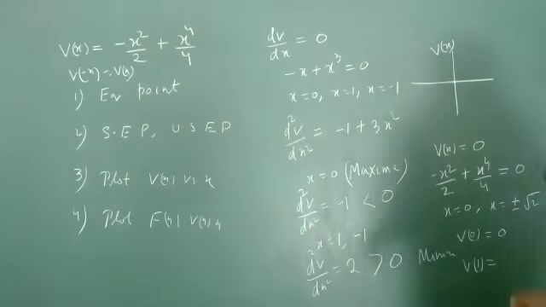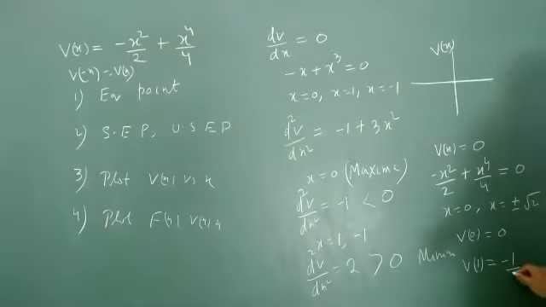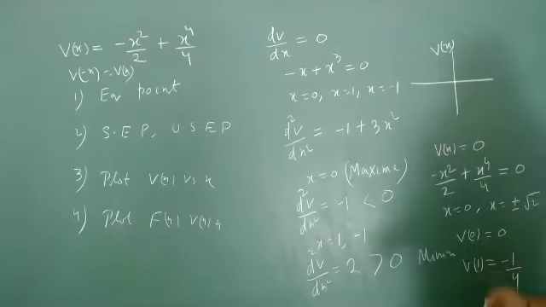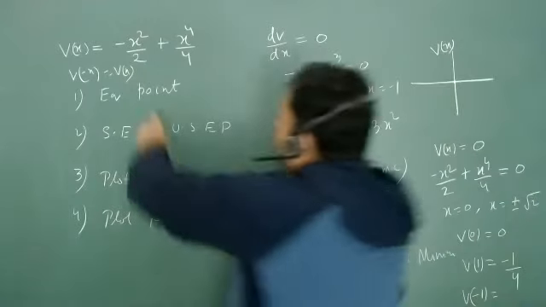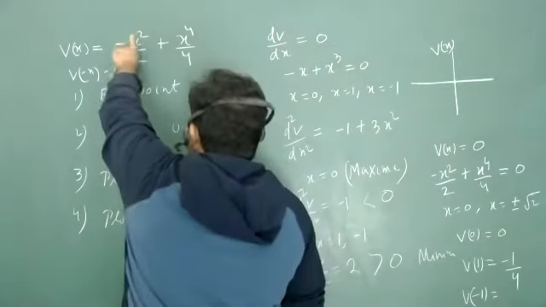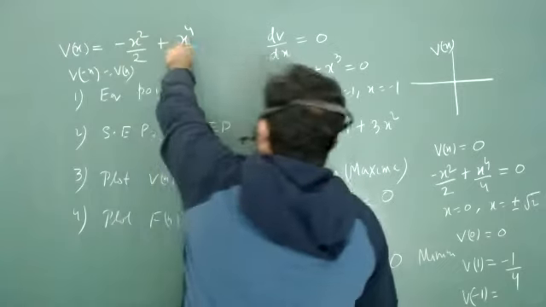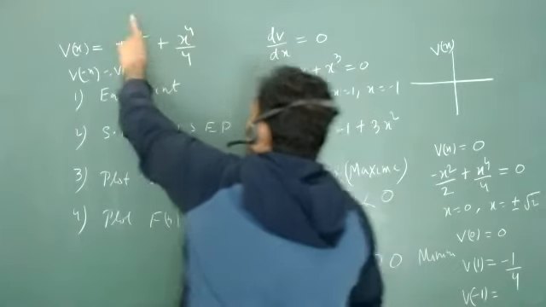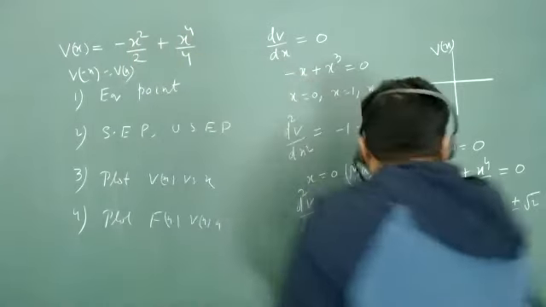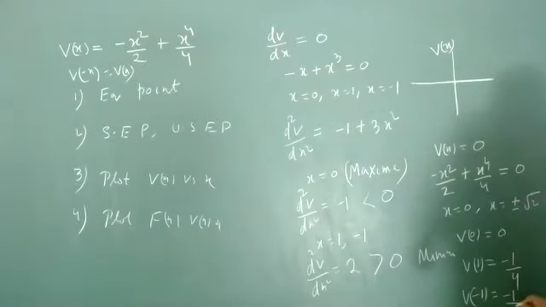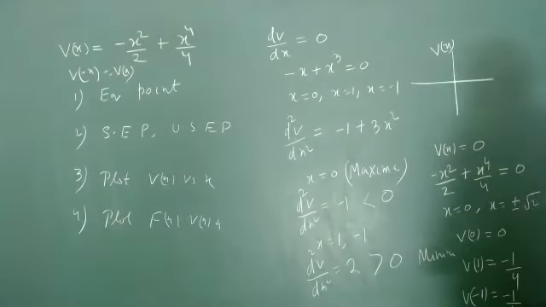Minus 1 by 4, isn't it? The value of the potential is minus 1 by 4 at 1. Obviously at x equal to minus 1, this will be minus 1 by 2 plus minus 1 to the power 4, 1 by 4, so minus 1 by 2 plus 1 by 4. So this value is again minus 1 by 4. Now we have enough information.